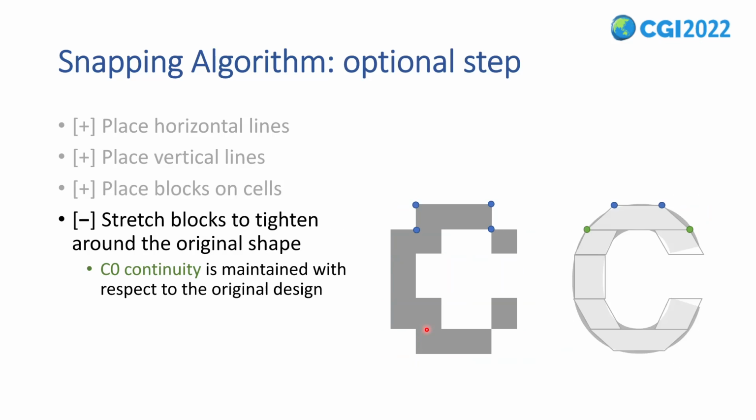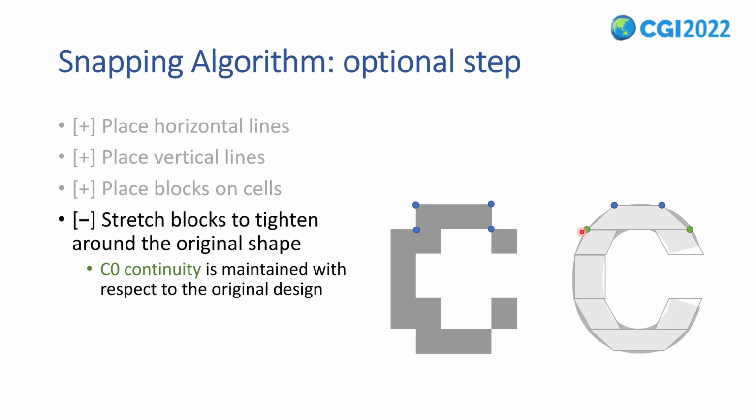An optional step is to warp the rectangular blocks horizontally so that they look like the original curvy design. The top rectangle is stretched to a trapezoidal shape, like this. Some vertices from different quadrilaterals are supposed to be in the same place, respecting the original design. The green vertices here are two examples.